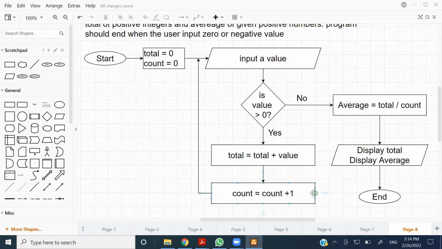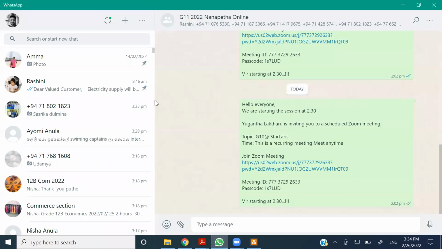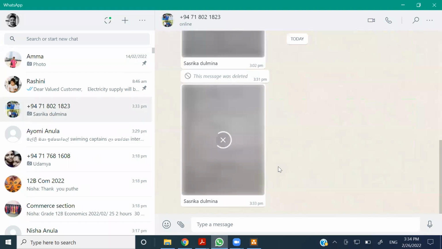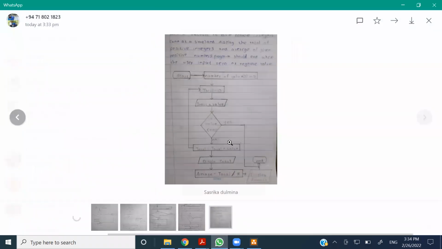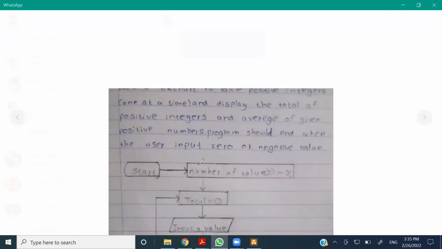Counting part has a few more problems here. Hold on. Let me take your answer to this point. Right, Sasrika, one problem lies over here. You are not going to connect with the total. Your iteration should connect over here.